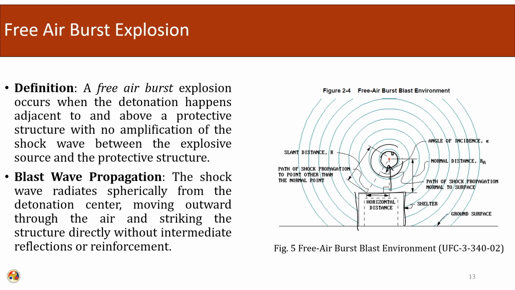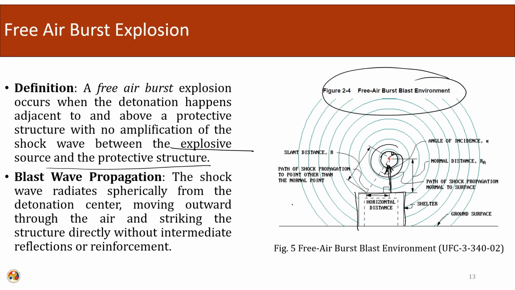So, this explosion is nearby the protective structure and it is happening above the protective structure, with no amplification of the shock wave between the explosive source and the protective structure. So, this is a free air burst environment.